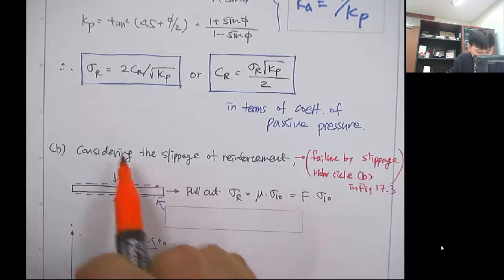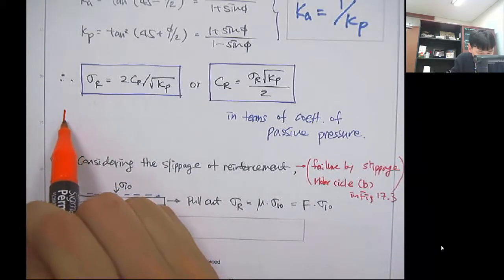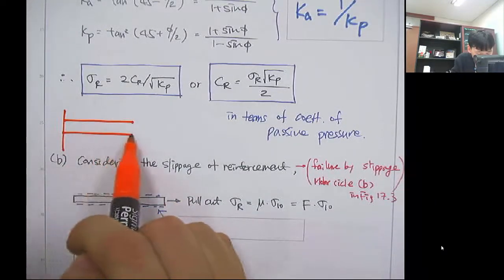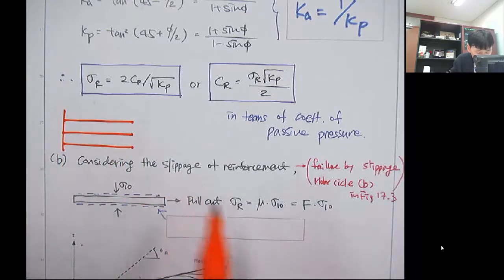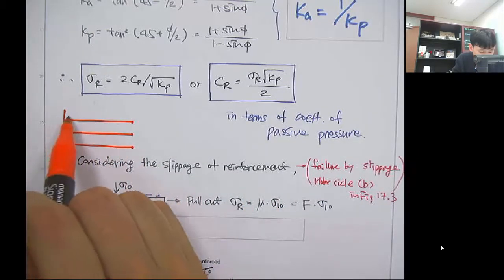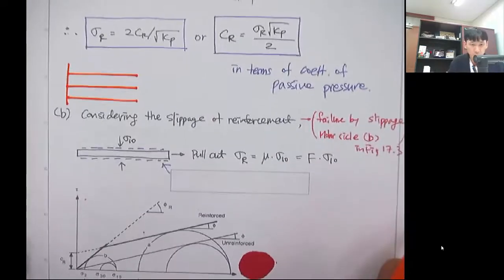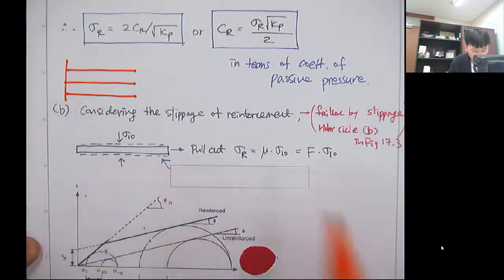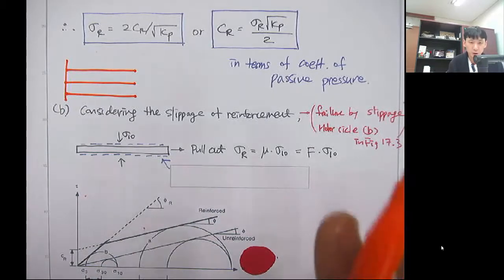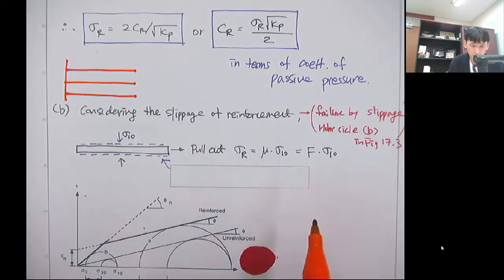We're assuming that the reinforced strip or bar or the sheet will just slip and fail by the friction, so frictional failure. So it's a failure by the slippage, and in this case, we have to consider the friction between the soil and the reinforced material.